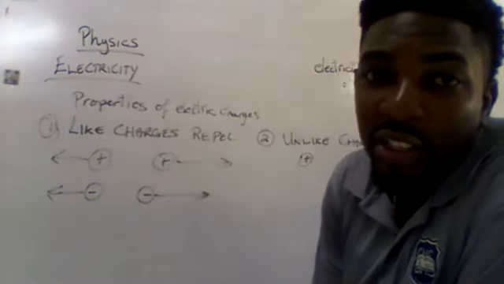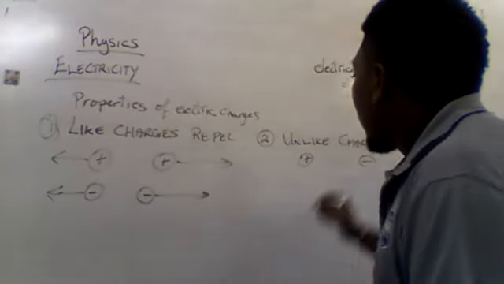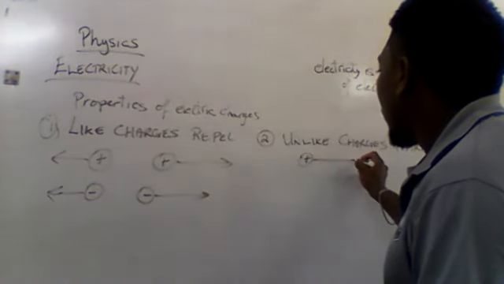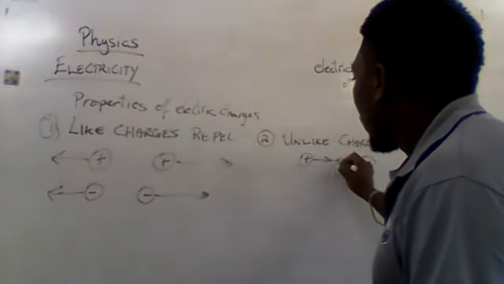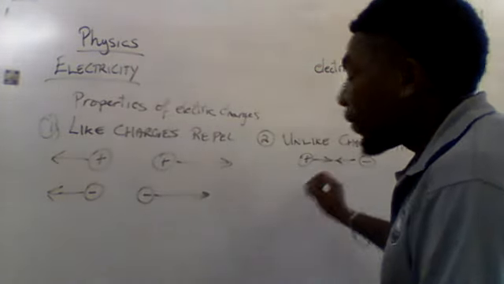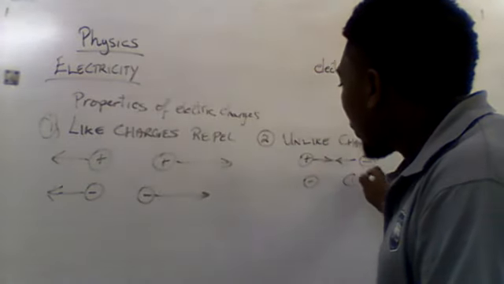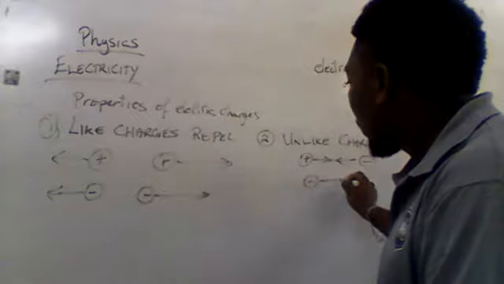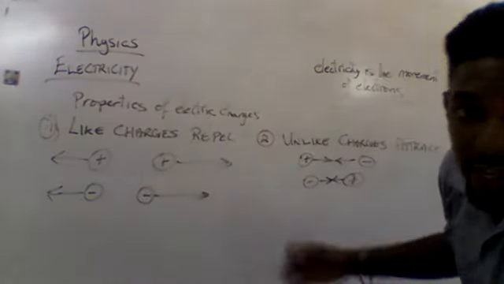A positive charge is going to pull a negative charge in. So they're going to be attracted to each other. Good? And therefore, it happens vice versa. So a negative charge is going to be attracted to a positive charge. Good? They're going to pull each other inwards.